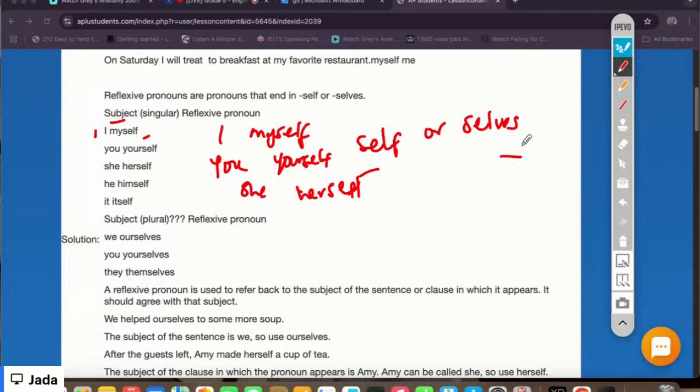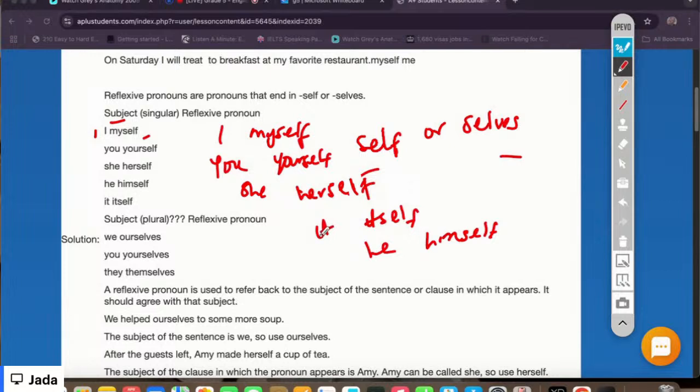So all these are singular reflexive pronouns. We have it, itself, he, himself. Okay, so these are the singular reflexive pronouns.